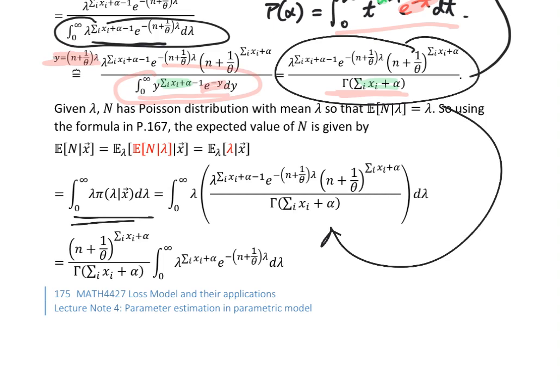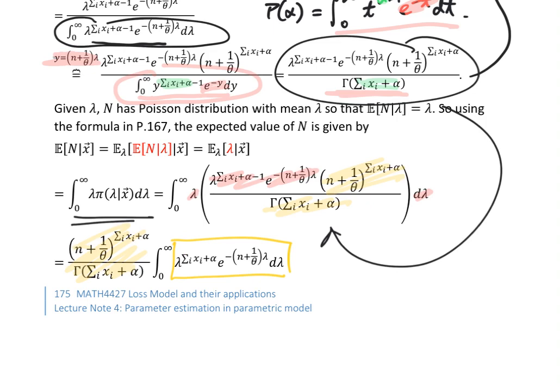First of all, you can take out the terms which are irrelevant to lambda. Only this term is relevant to lambda, so the other irrelevant terms, which are these two, you can just take out and let them rest. For the remainder, you combine them together, and this is what you get.